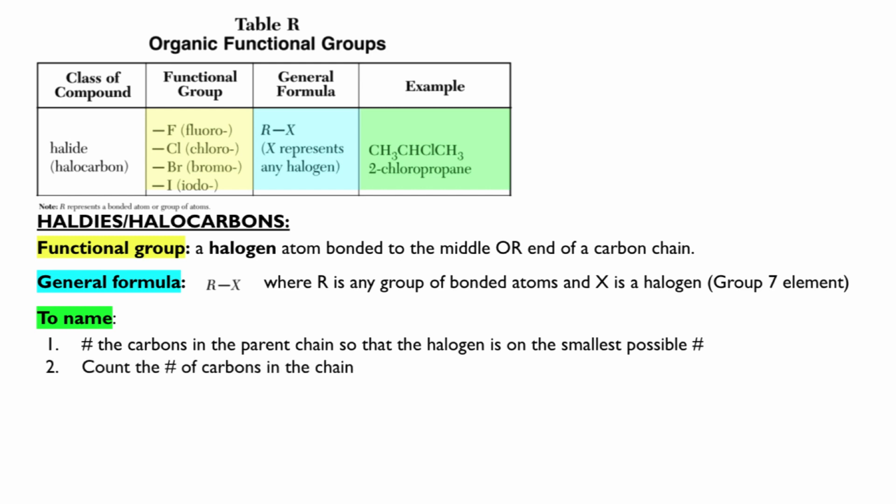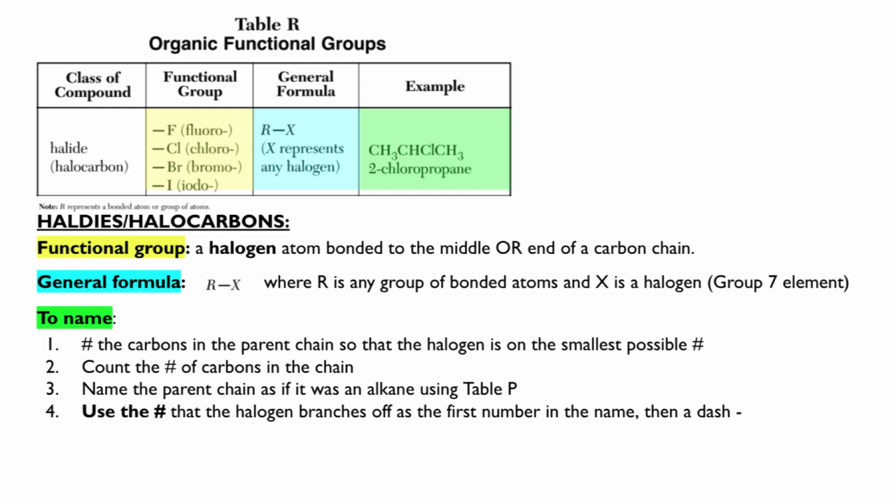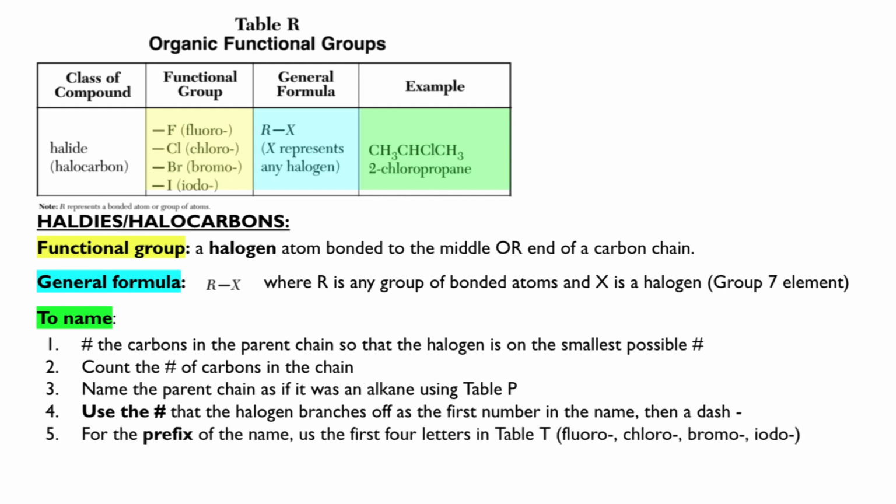You count the number of total carbons in that chain and name that parent chain as if it was an alkane using Table P. Use the number that the halogen branches off of as the first number in the name and then a dash. And then for the prefix of the name, use the first 4 letters in Table T. So fluoro, chloro, bromo, or iodo. And by Table T, I mean Table R.